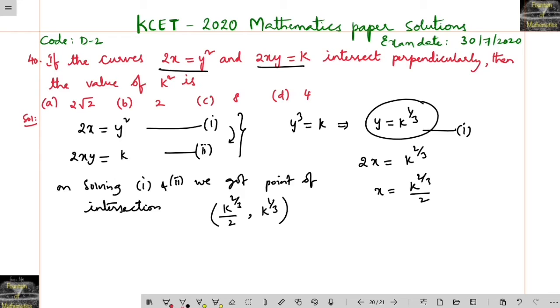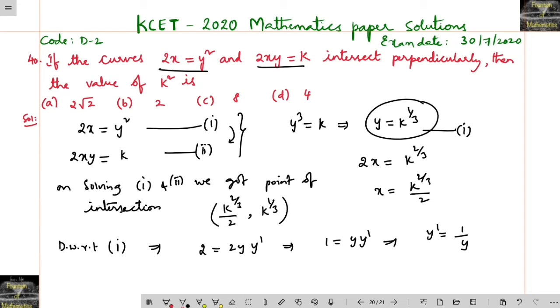Now differentiate the equation of curve 1. Differentiate the first equation with respect to x. So we get 2 = 2y dy/dx, or we can write y', which implies 1 = y', or y' = 1/y.